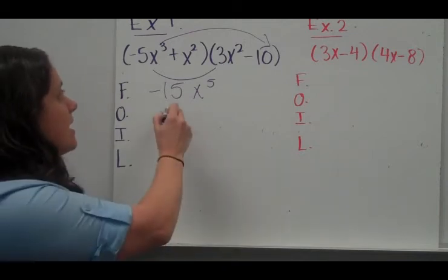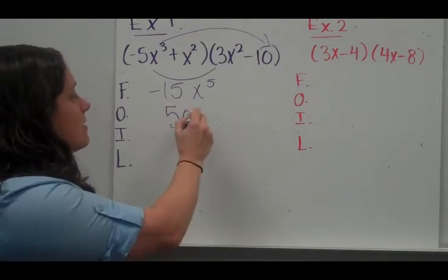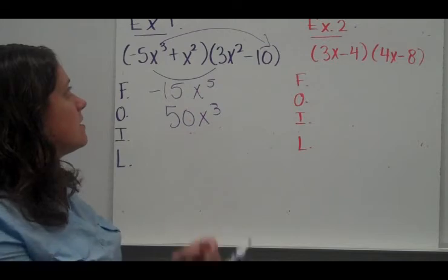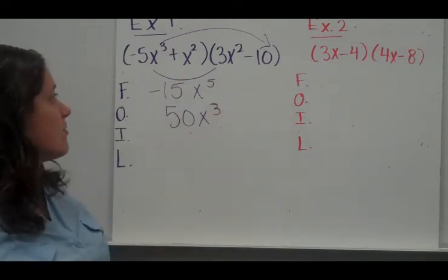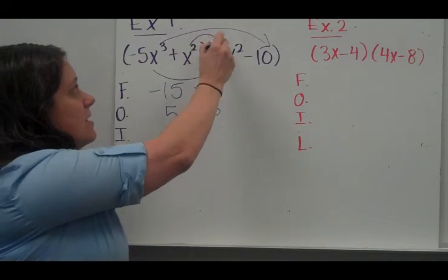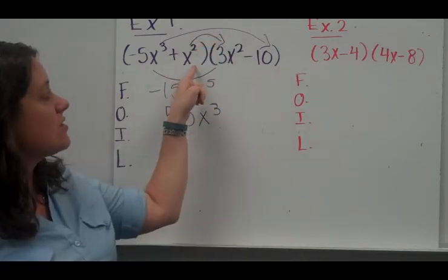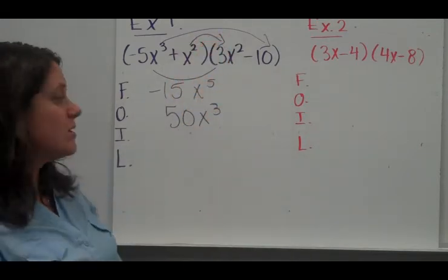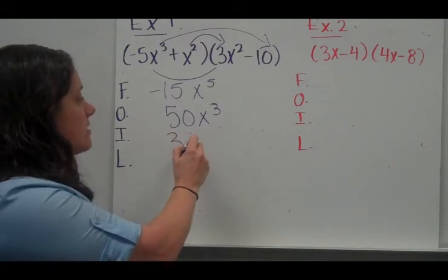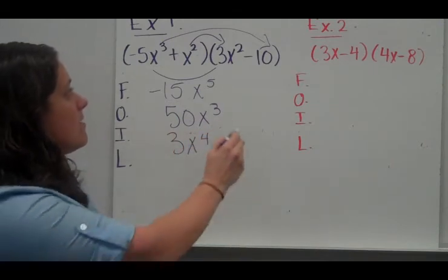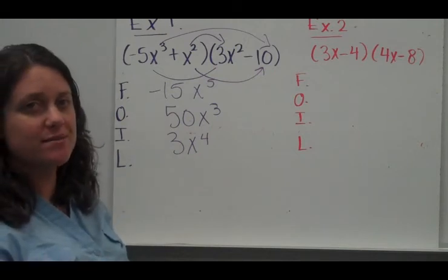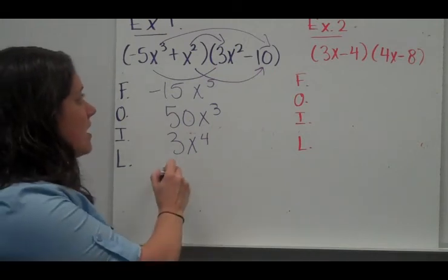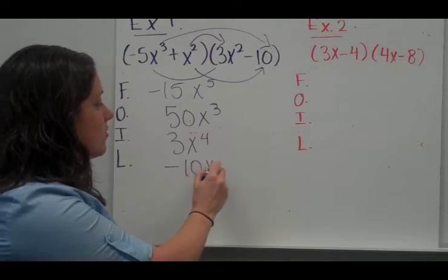So that's going to be a 50x cubed, because it's negative 5x cubed times negative 10. Then I'm going to have inside, which are these two. So I have x squared times 3x squared, which will be 3x to the fourth. And then finally, I have the last term. So x squared times negative 10 would give me negative 10x squared.